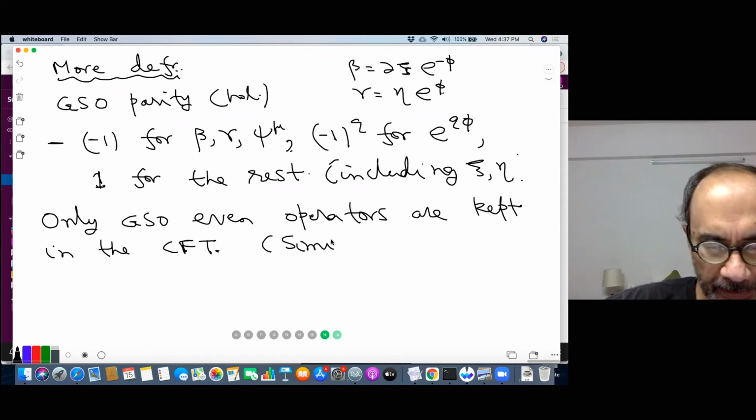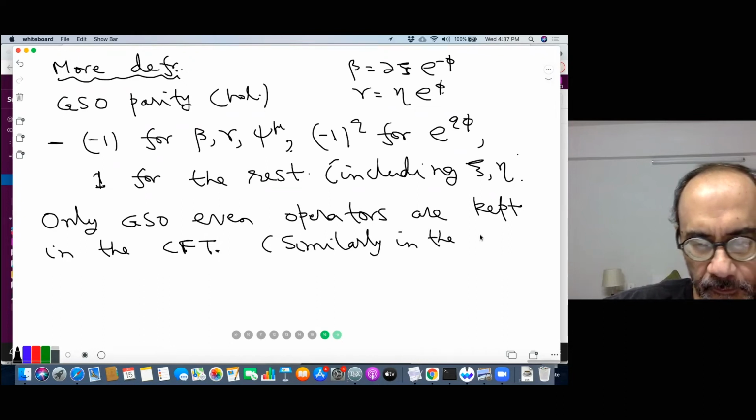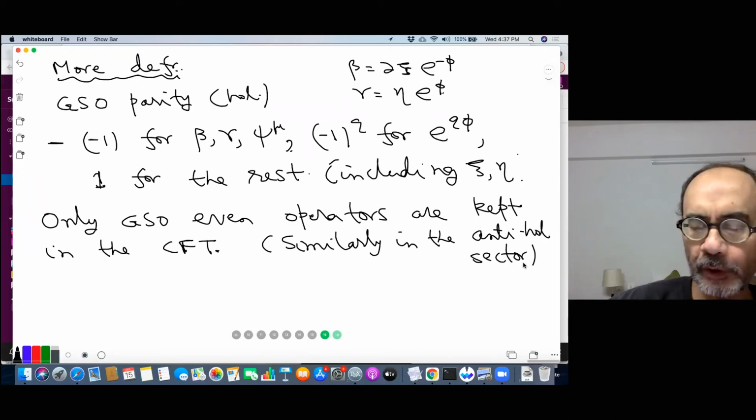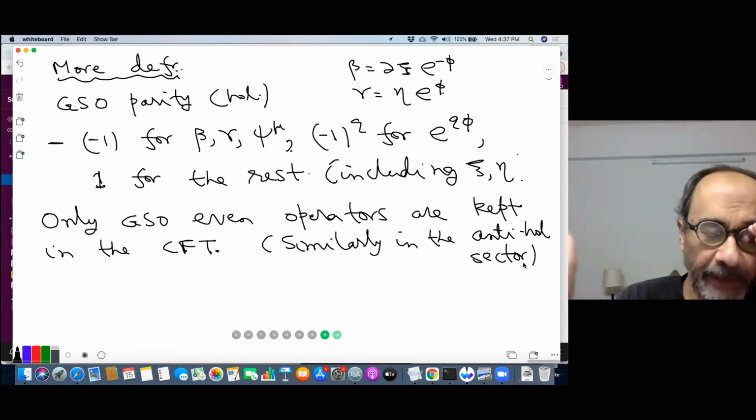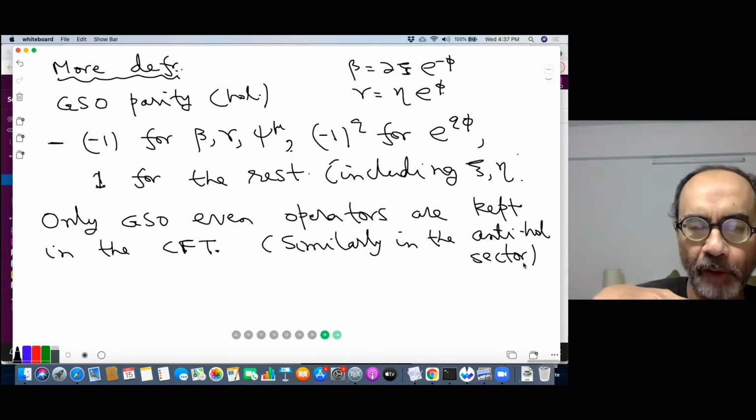Similarly in the anti-holomorphic sector. So that is a separate projection in the holomorphic sector and anti-holomorphic sector, because for an operator to be kept, it has to be GSO even in the holomorphic sector and GSO even in the anti-holomorphic sector.